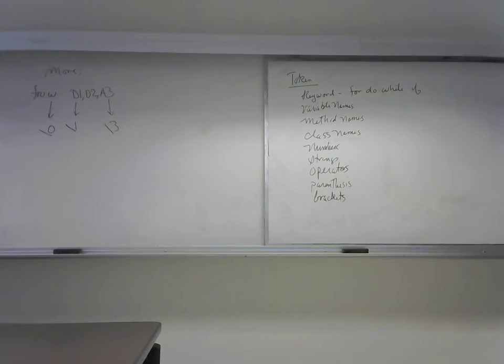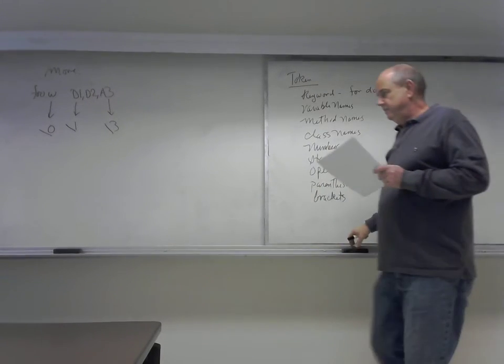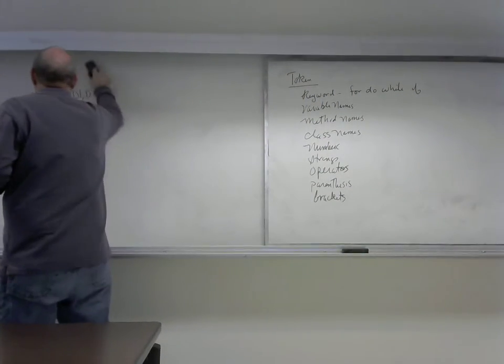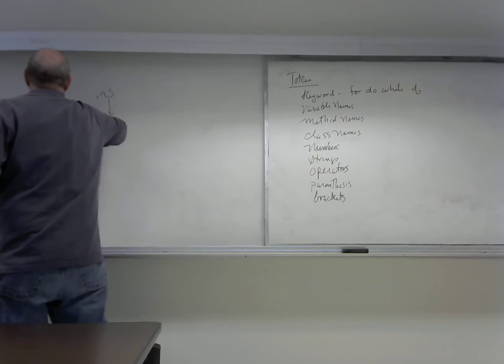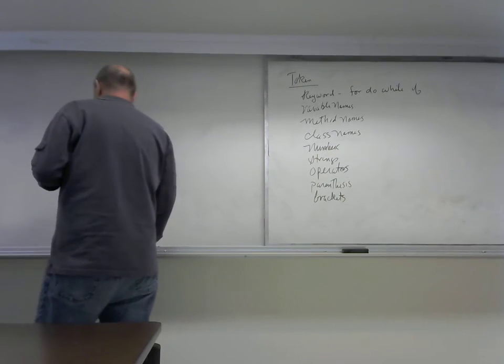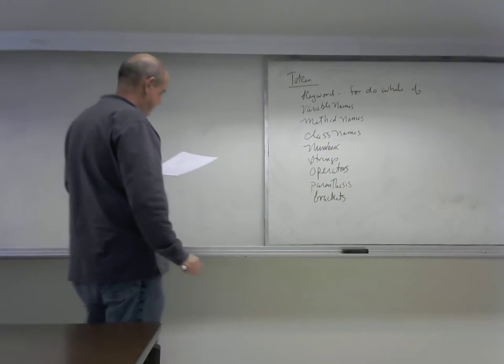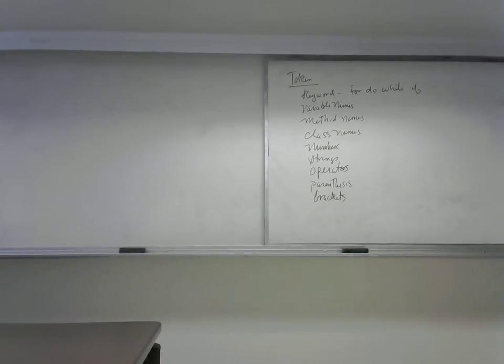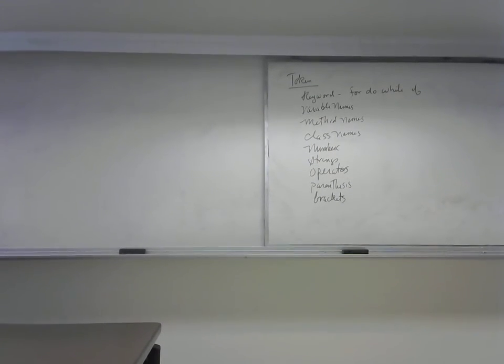So we can roughly divide the activities into these three sections. The scanner, what does a scanner do? It identifies the type of each token.